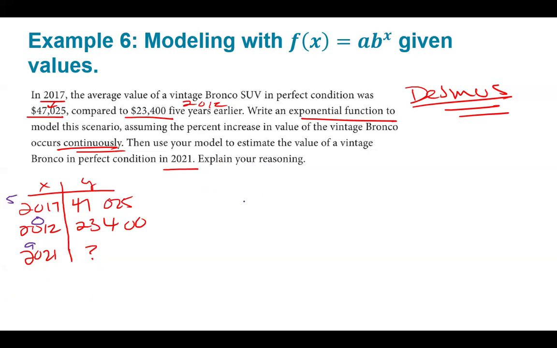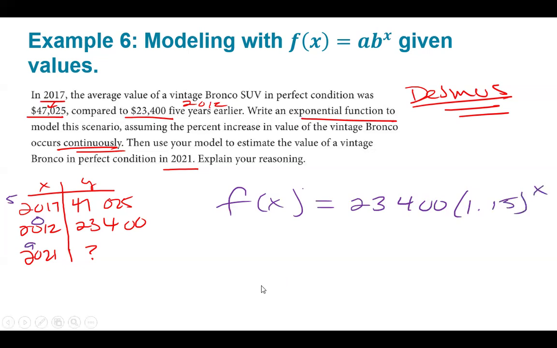Okay? And then from there, we were able to figure out what equation would best model, because using the years was too large of a equation to start off with. So when we finished, we ended up with our model being f of x equals 23,400 times 1.15 to the x, because the 8 would round the 9 to a 10 with the rollover.